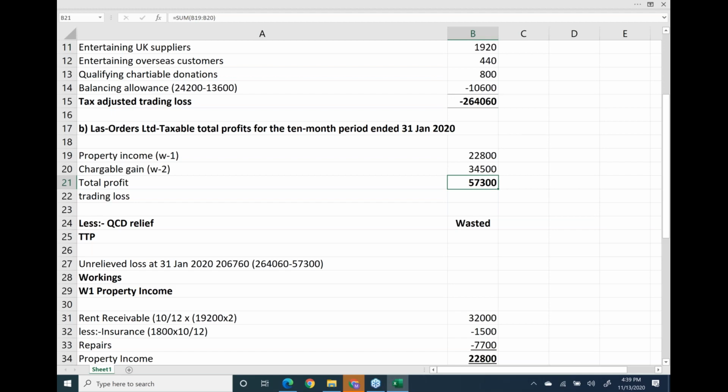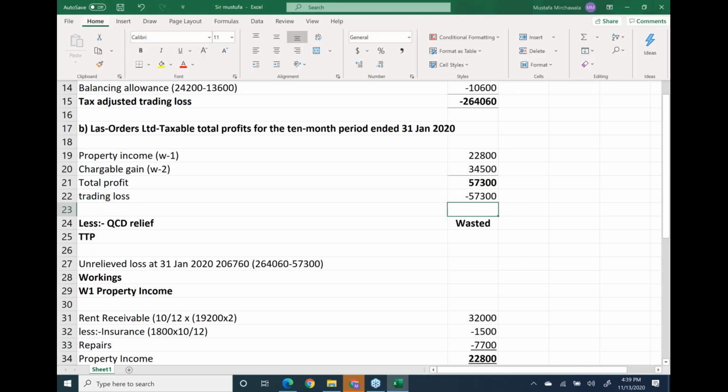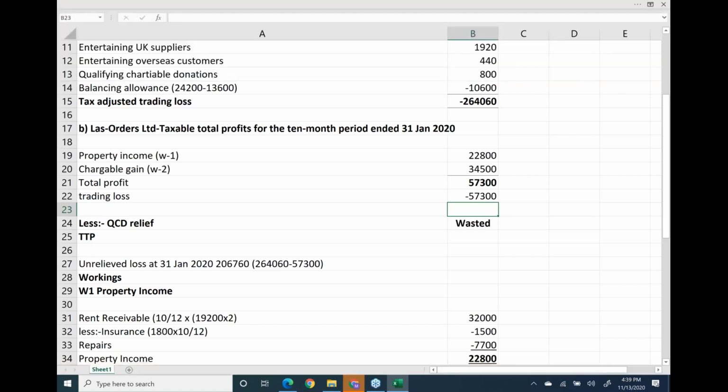You can't save your QCD. So in front of 57,300, obviously 57,300 loss will come. Here you will get 0. Just write QCD wasted, and again your TTP will also be 0.